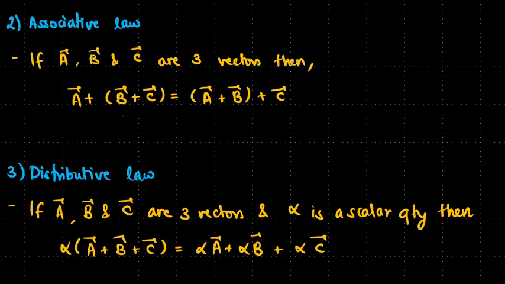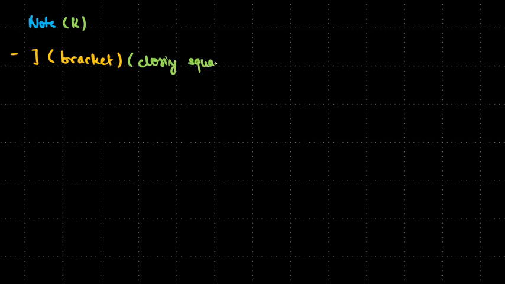So let me check what they are called. I actually checked it, and I was wrong, because I don't know all this stuff. So let's write this note: K for knowledge, this is only for knowledge. This thing is called a bracket in a single word, or sometimes a closing square bracket.